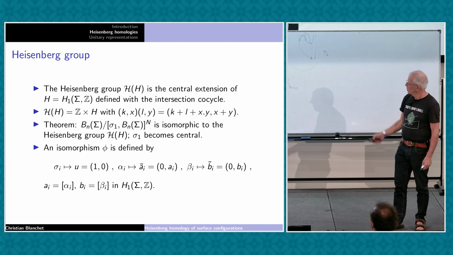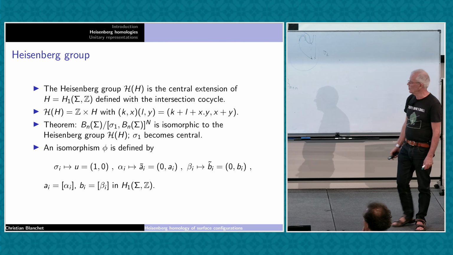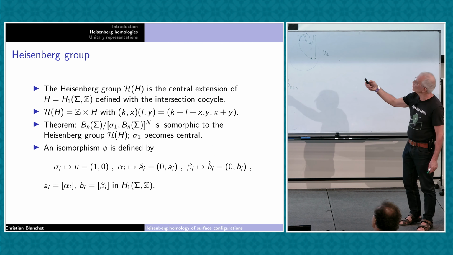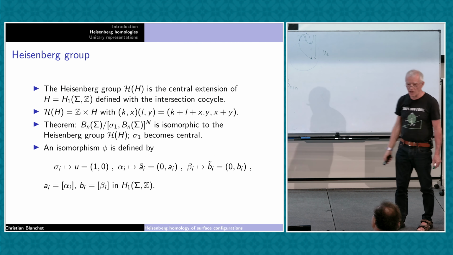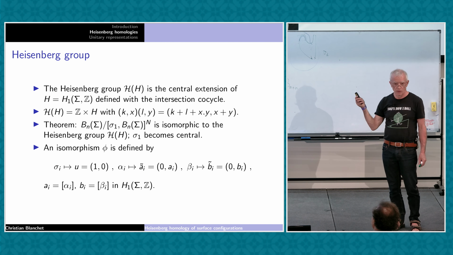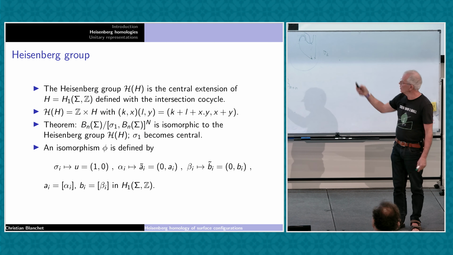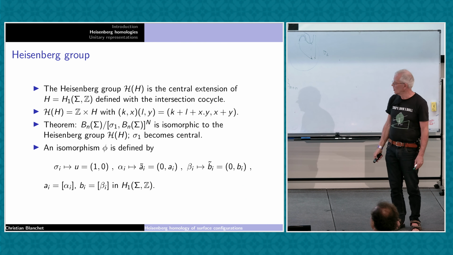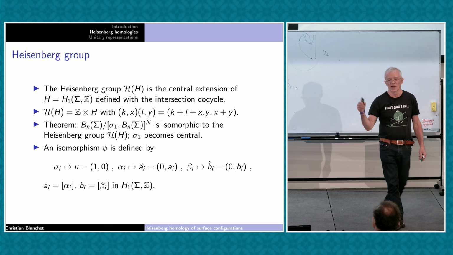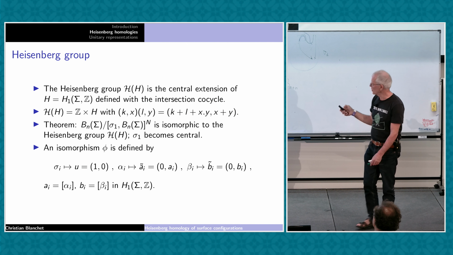Okay? We even have an explicit isomorphism where we send sigma i to the central generator, u equal (1, 0). Just ask a question if this is not clear. Then the pi 1 generators are sent to lifts in Heisenberg of the corresponding homology classes. And then that's it.